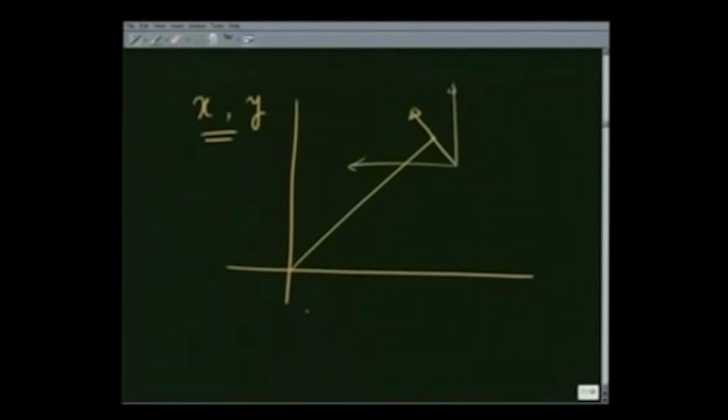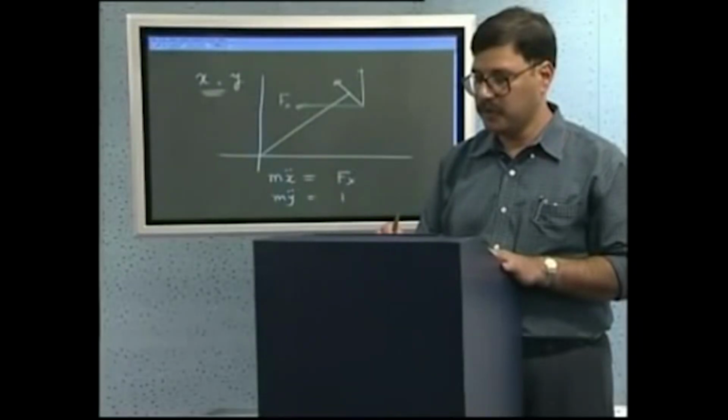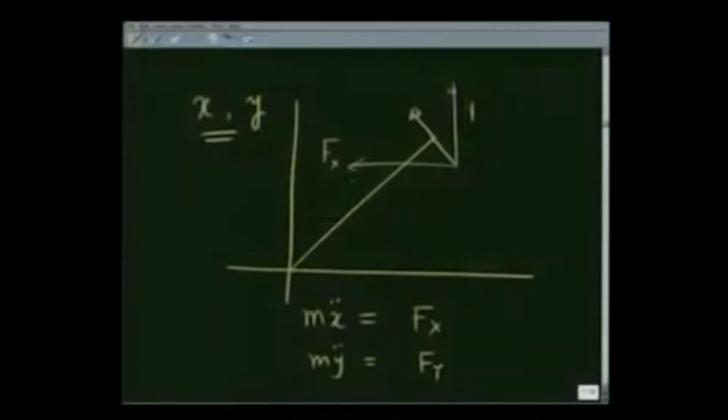Therefore, the equations you will end up writing would be m x double dot equal to f x, the component of the force in this direction, and m y double dot equal to f y, which is this component, and solve these with respect to time. F changes with time, x changes with time. The solution is going to be slightly more complicated. So, in such situations, use of planar polar coordinates helps us.